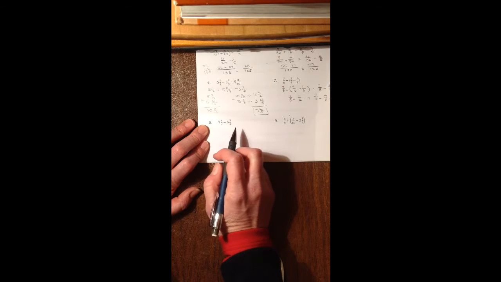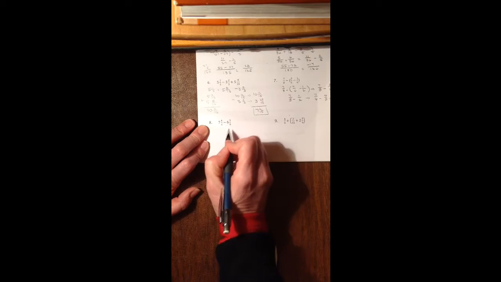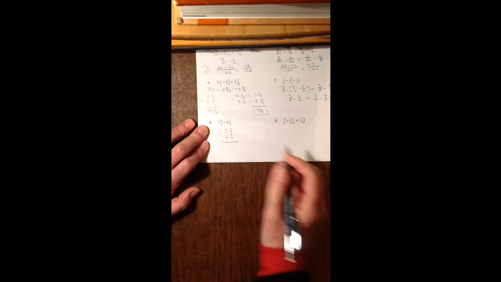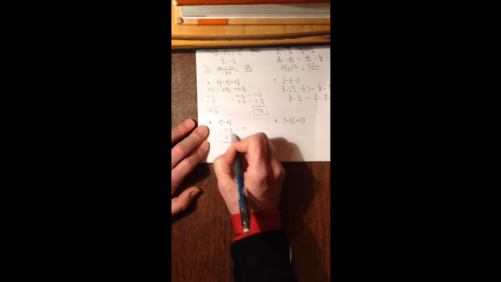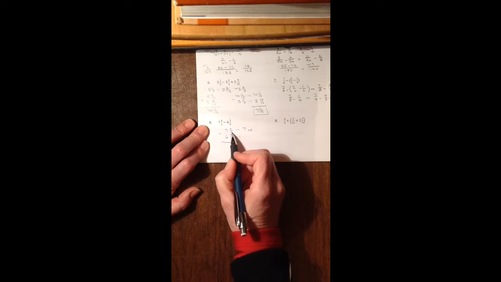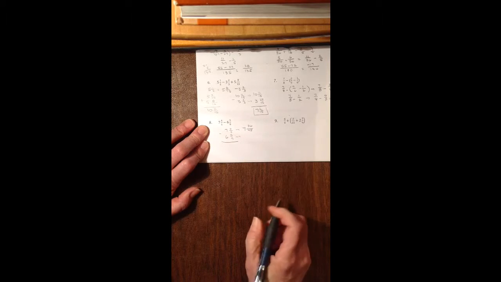I'm going to keep them as mixed numbers, but I need to turn the 4/5 and the 5/9 into fractions that have the same denominator. So I'm going to change this to 7, and the common denominator will be 45. And I multiply 5 by 9, so I'll multiply 4 by 9.